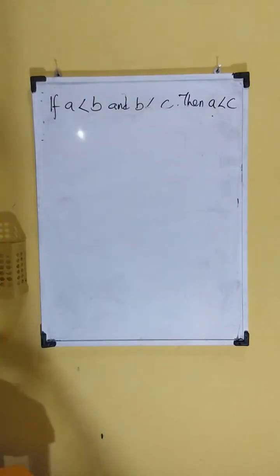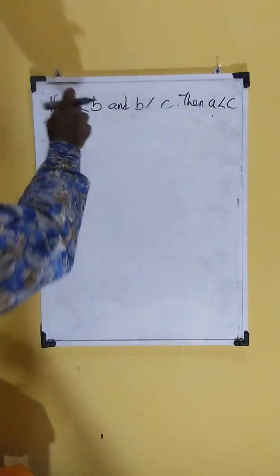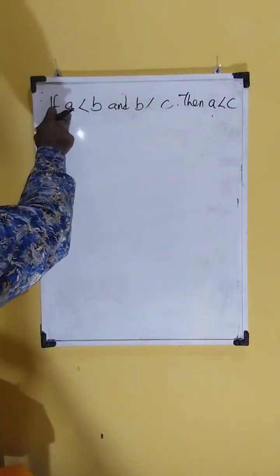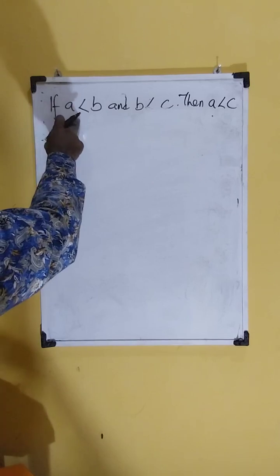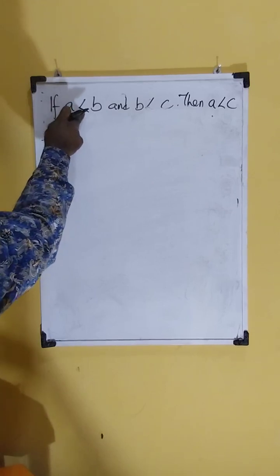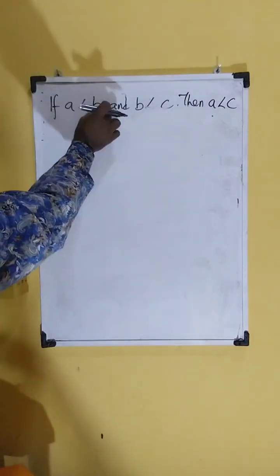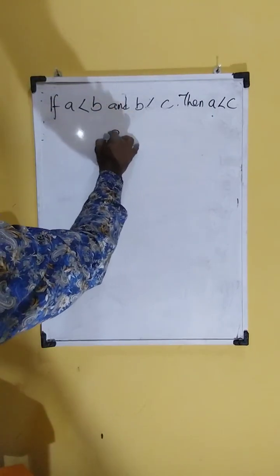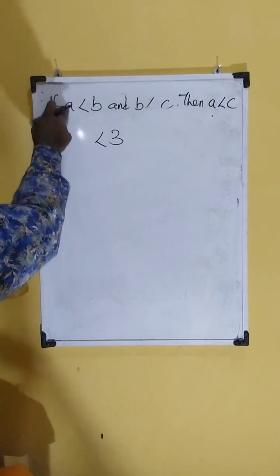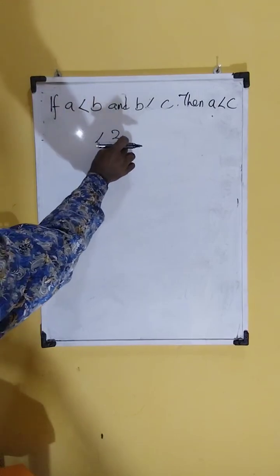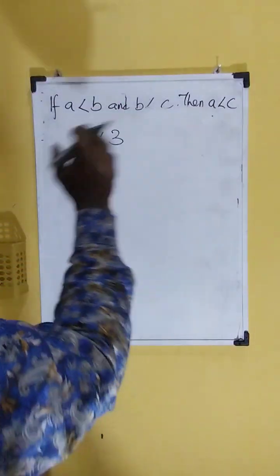So once you see a question like this, the number here will be smaller because we are saying A is less than B. So for example, if the number B here is 3, any number here should be smaller, so it can be 2, it can be 1.